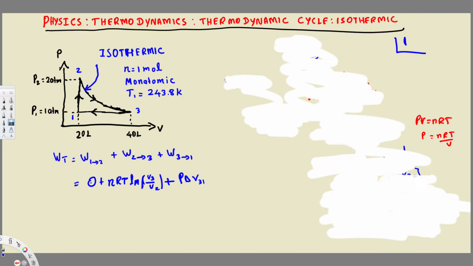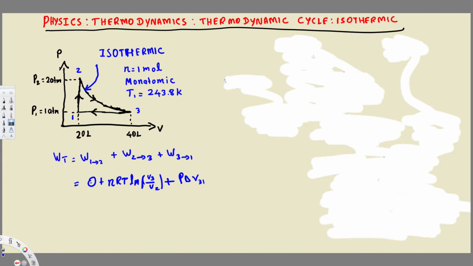Okay, now let's continue this one right here. So let's see whether we can use PV equals nRT to find this temperature T, right? If we want to use PV equals nRT, we have to know the pressure and volume at T2 or T3.